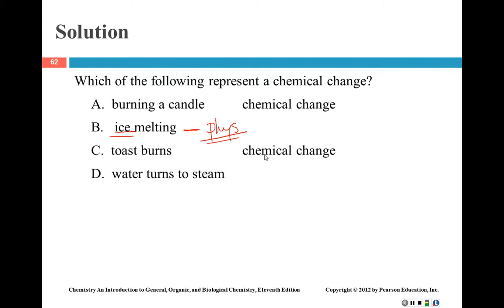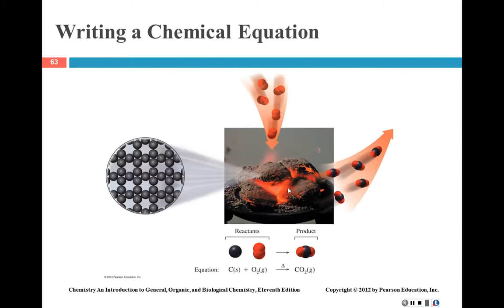Toast burning is a chemical change. You have literally changed the starches in that bread into a different form. And here's water turning into steam, which we know is just a phase change, so that's a physical change. So burning something is a chemical change.